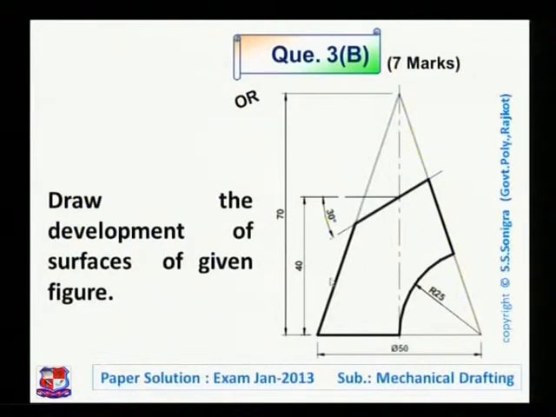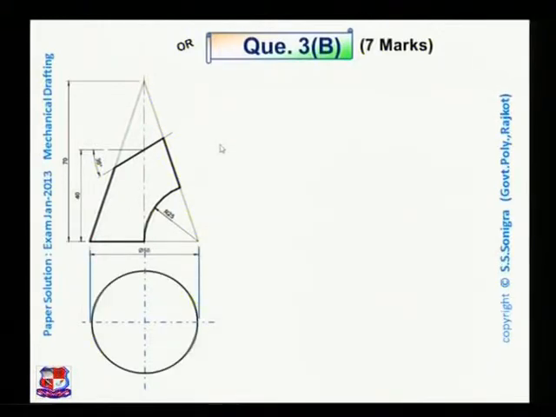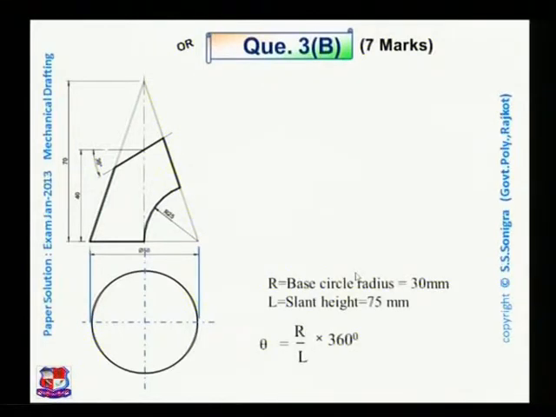Now how to draw the development of this cone? For that, first we need to find out its top view. In top view, this solid will appear as a circle like this, a circle with diameter 50 mm. After drawing this circle, to draw the development of this cone, we need to find out 2 parameters.